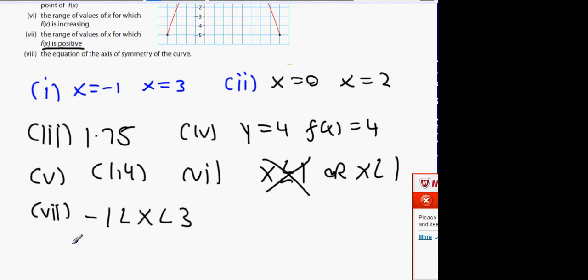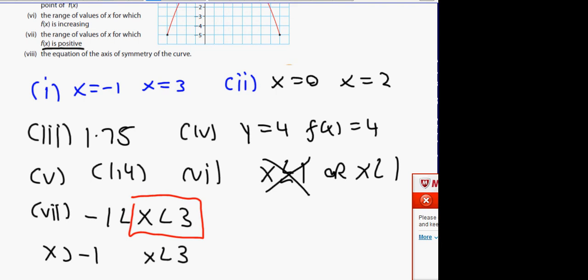Or another way of doing it is the numbers we are talking about are bigger than -1, but they're smaller than 3. That's the language, okay? Both of these answers are good. They actually mean the same thing. If I was to read it this way, what this means is -1 is a smaller number than the values I'm talking about. However, the values I'm talking about are a smaller value than 3. I'm talking about all the numbers between -1 and 3.